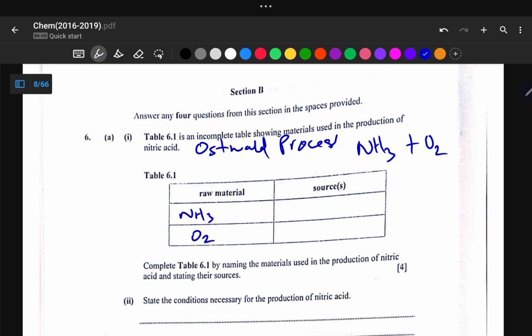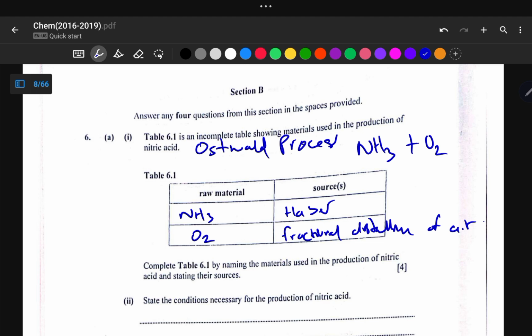The source of ammonia is the Haber process. And the source of oxygen is the fractional distillation of air, right?